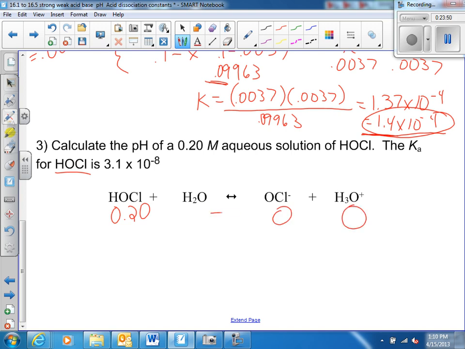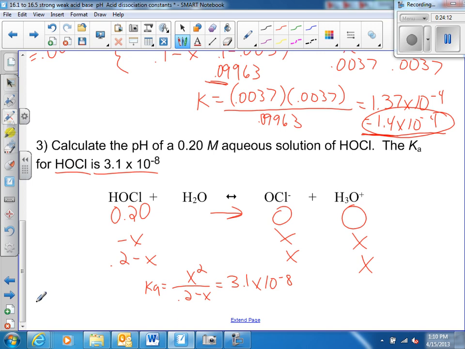0.200. Reaction has to go to the right. Minus x, x, x. 0.2 minus x, x, x. Now I was given my Ka, so I know x squared over 0.2 minus x is equal to my Ka. Definition of Ka, 3.1 times 10 to the minus 8. I'm going to assume, because I have such a small Ka, the reaction doesn't go far to the right.